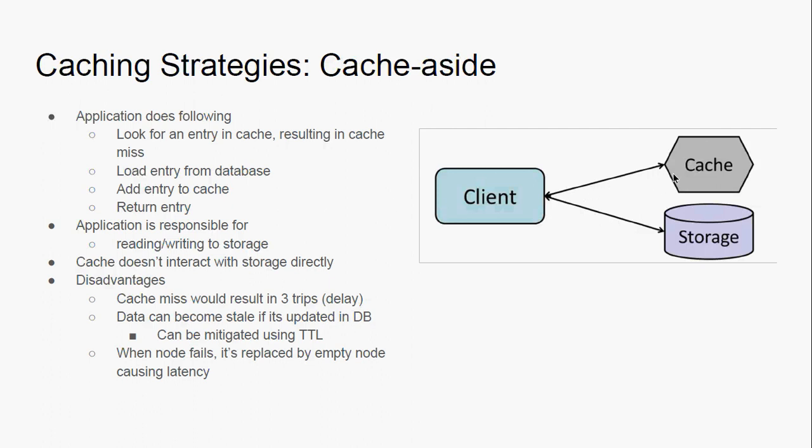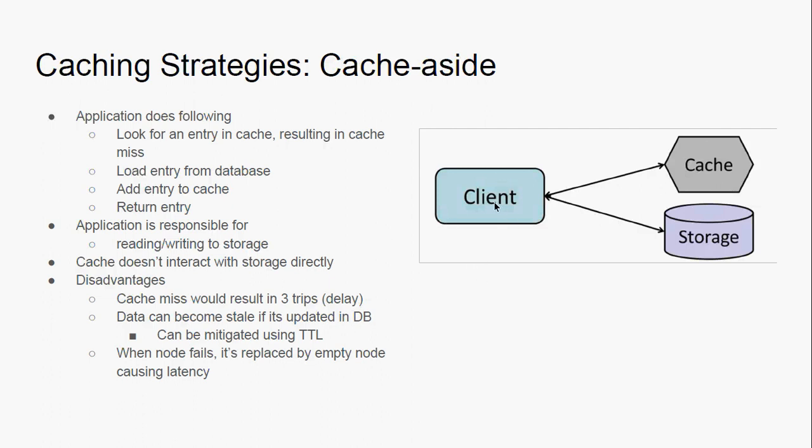So for the first time it will have a cache miss, then get the value and put it back. For subsequent reads, when it hits the cache, if the entry is there, it directly gets data from there.